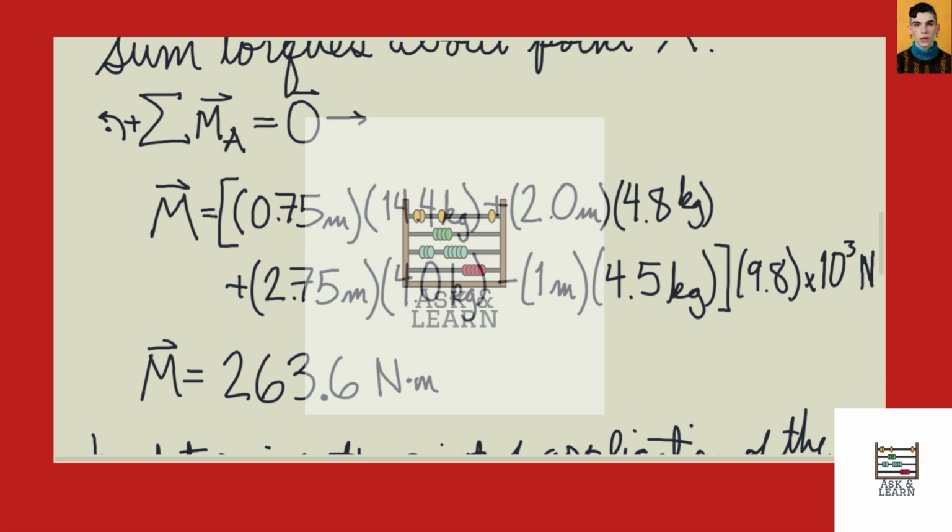From above, we have a moment arm of 0.75 times 14.4 kilograms for the torque exerted by one section. The next section, we have 2.0 meters times 4.8 kilograms. The next section, we have 2.75 meters at 4.0 kilograms.